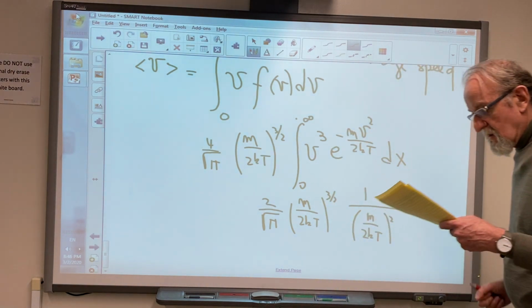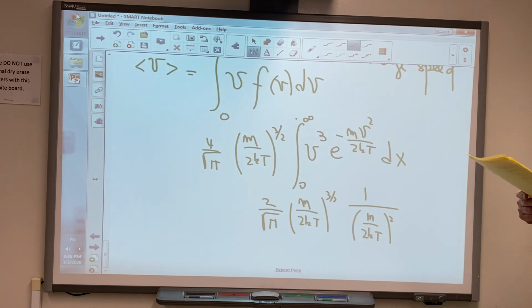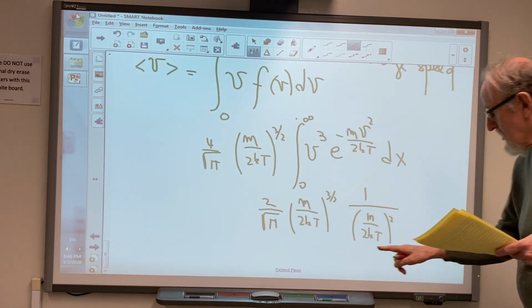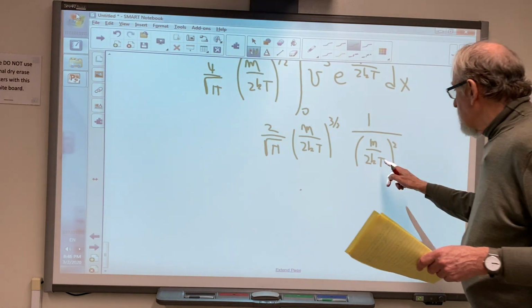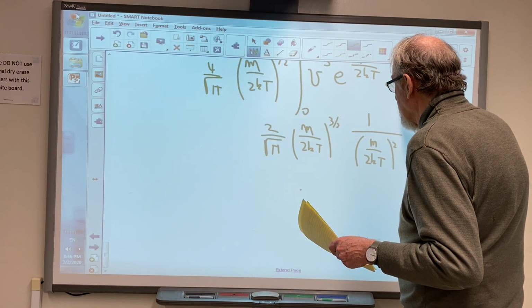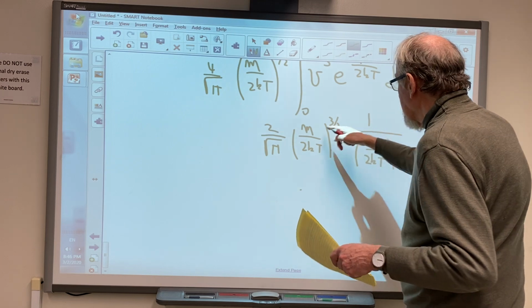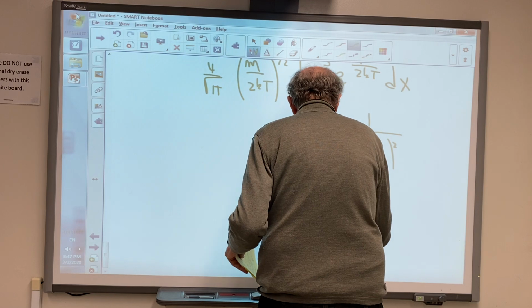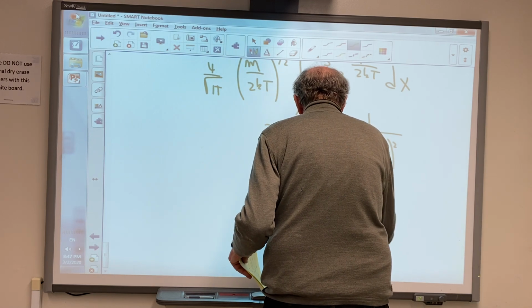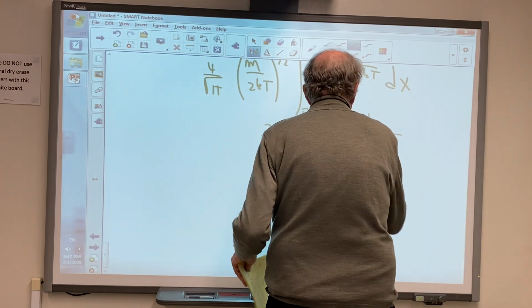squared. Did I get it right? Yeah. So if I combine this correctly, I get 2kT over m to the 2, and here I get it to the minus 3/2. So you get 2kT over m to the 1/2.